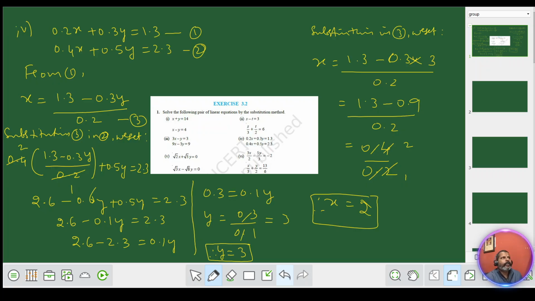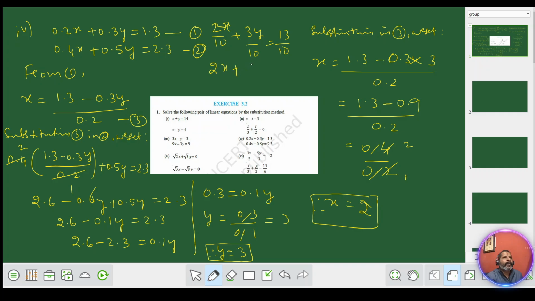In the beginning itself, we can remove the dot also. I'll just tell that quickly. I'll not solve completely. So 0.2x means what? 2 by 10, right? That is 2x by 10 plus 3y by 10 equal to 13 by 10. If you take LCM on the left hand side, I'm solving for only one equation, just giving a clue.